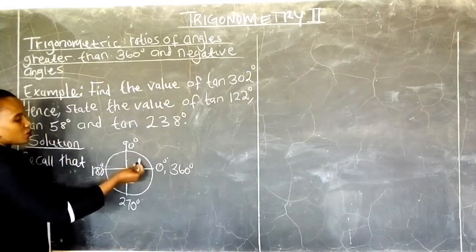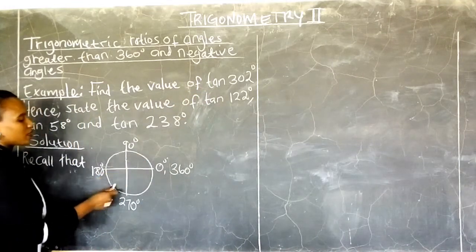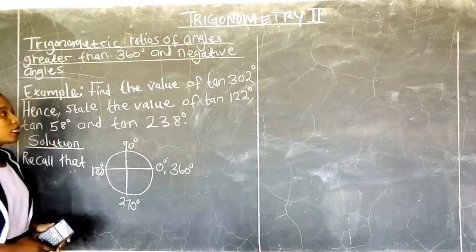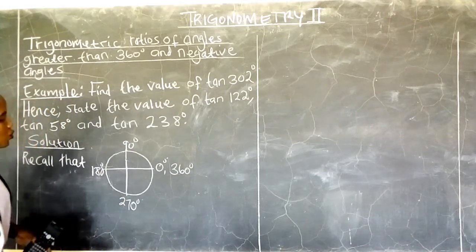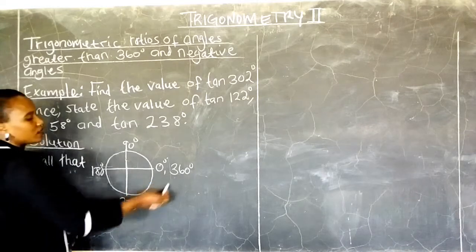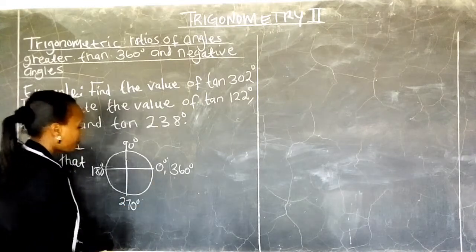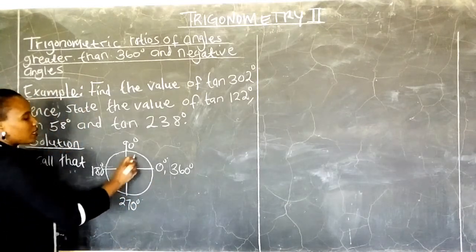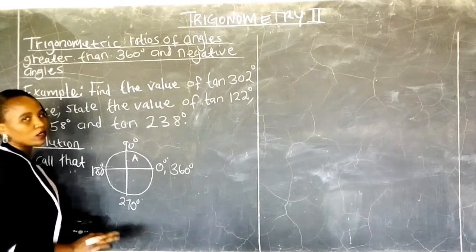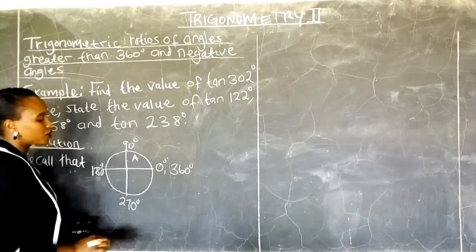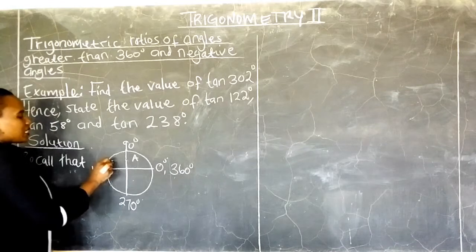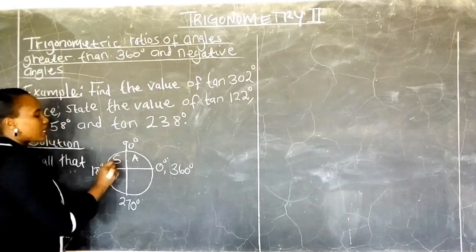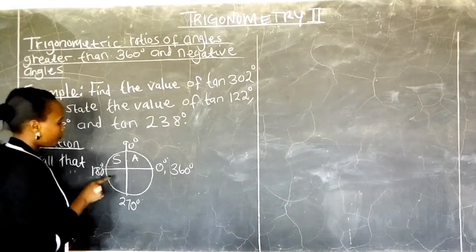So this is the first quadrant, this is the second quadrant, this is the third, and this is the fourth quadrant. Now, our 302 is between 270 and 360 degrees. And we know that in the first quadrant, all trigonometric ratios are positive. But in the second quadrant, only sine is positive.